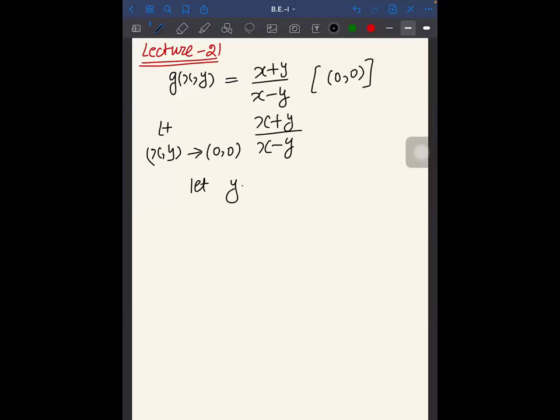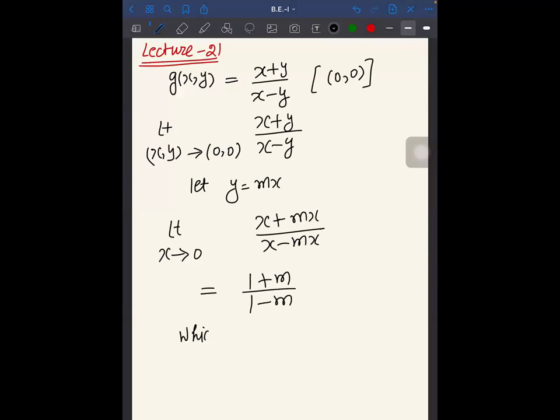So let y is equal to mx. Then limit x goes to 0, x plus mx upon x minus mx. Eventually we are left with (1 plus m) upon (1 minus m), which is not unique, right?